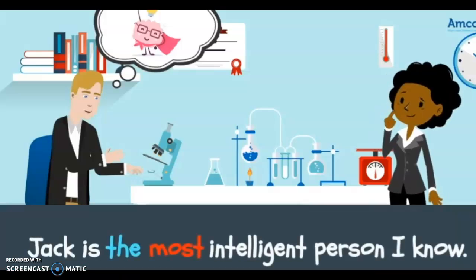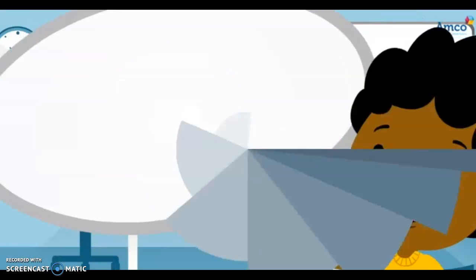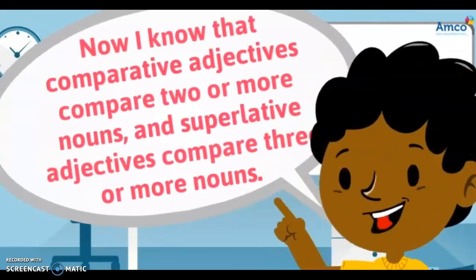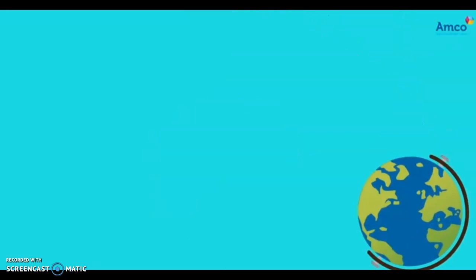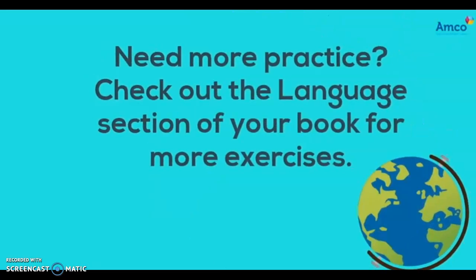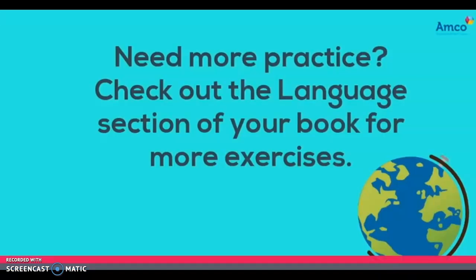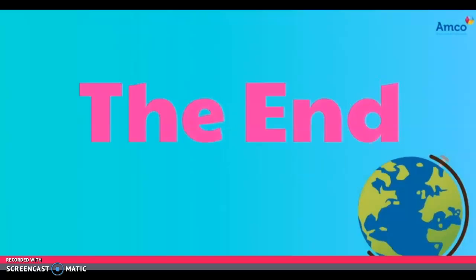Jack is the most intelligent person I know. Now I know that comparative adjectives compare two or more nouns, and superlative adjectives compare three or more nouns. Need more practice? Check out the language section of your book for more exercises. The end.